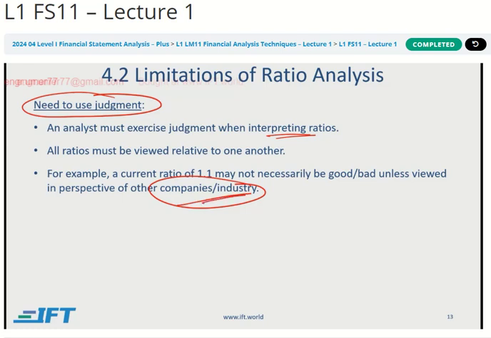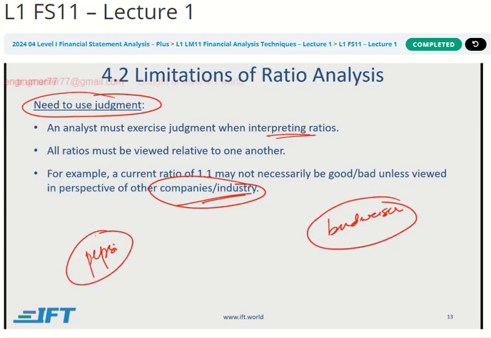You cannot compare Pepsi with something like Heineken or Budweiser, because they are in completely different industries. I know they're both beverage, but it's a completely different type of beverage. So you really need to look at the ratio in perspective, in the context of its wider relevant universe.